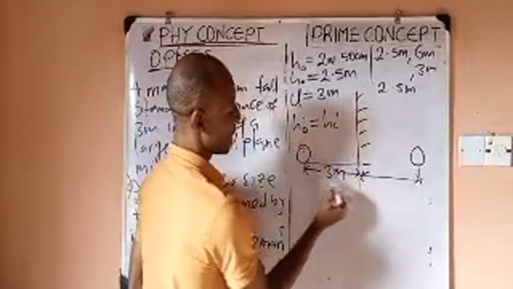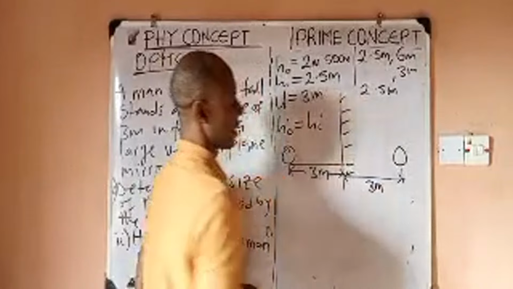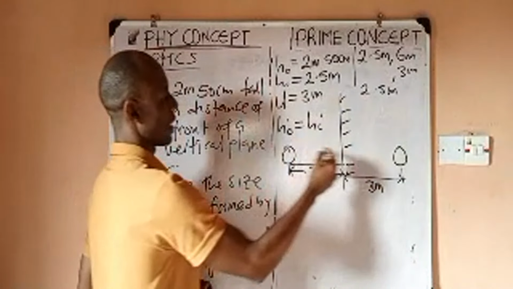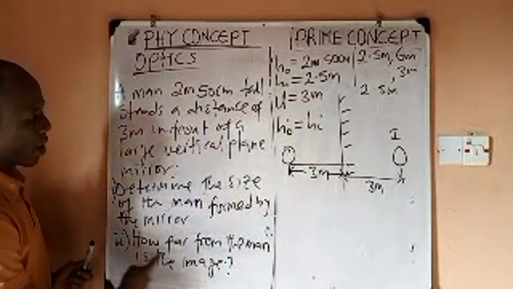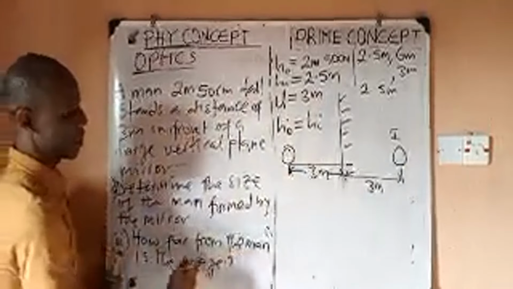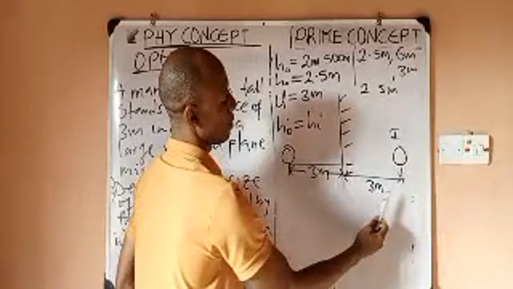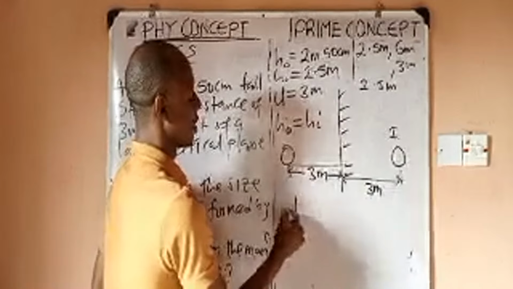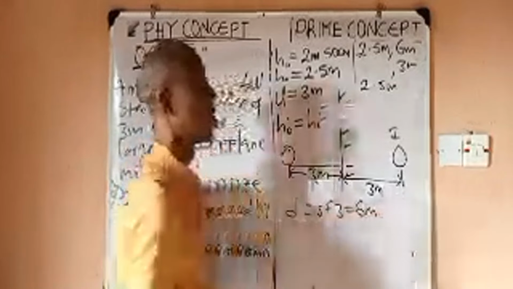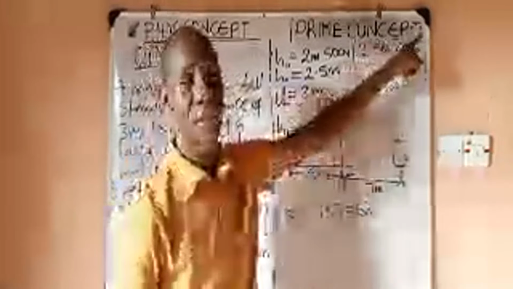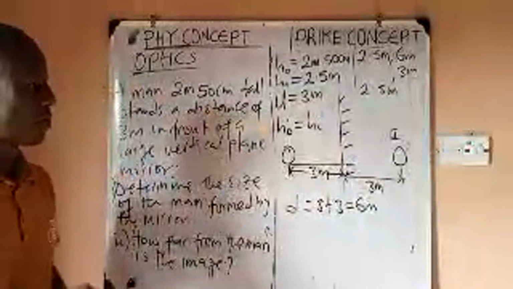So if from here to here is 3 meters, from here to here should also be 3 meters, right? This is object and this is image. Now, this question says, how far from the man is the image? They want us to get the distance from this place to this place, which you can see is a total of 3 plus 3, which is 6 meters. So it means this first person got it, right? He got it correctly. So that is what you should know for plane mirror.